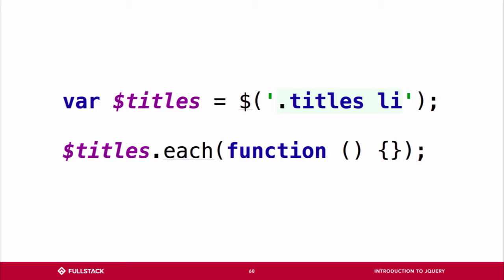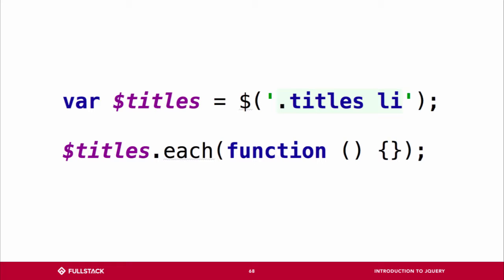If we have that $titles variable, the reason for naming a variable like that, and someone had asked me this before, is that maybe you're being very specific that this is a jQuery collection. I like to call them jQuery wrapped sets in the sense that they're wrapping around DOM elements, but there are jQuery methods to manipulate those DOM elements.